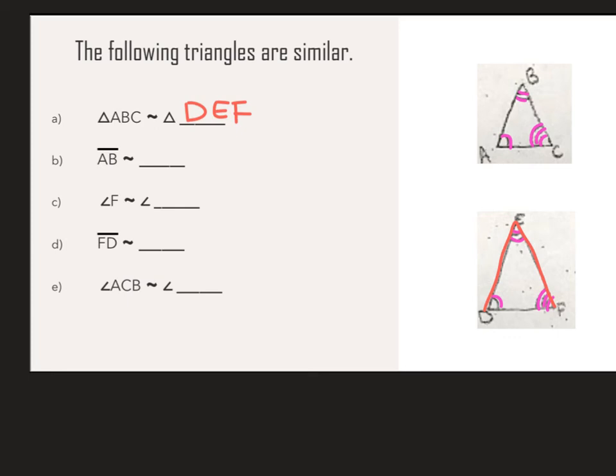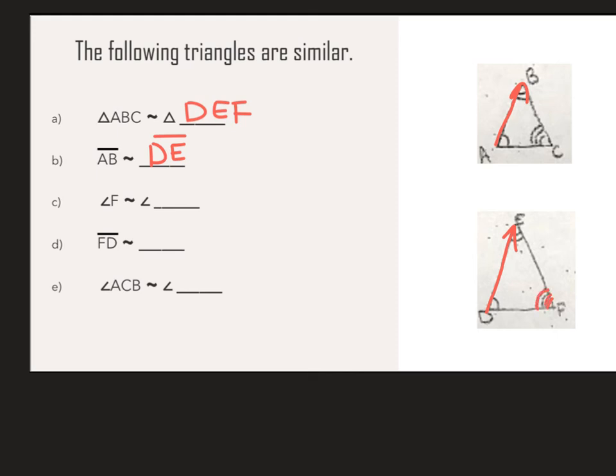Next, side AB. Let me erase this. Side AB, remember order does matter. Going from A to B is similar or corresponds to DE. Draw our little line above it, letting us know that's a side. Next, angle F corresponds to, well, I kind of already went over that.